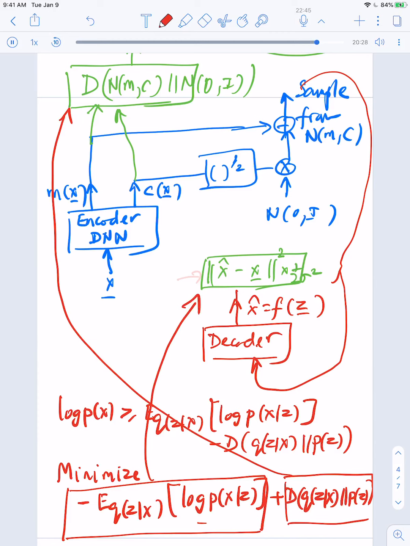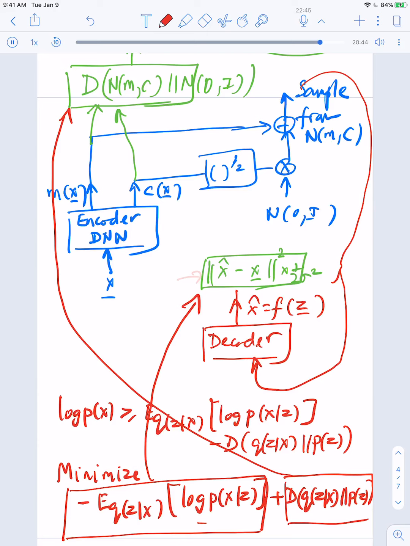So now I have two fairly nice terms, and you can look at the notes for more details, but two terms such that now I can just apply backpropagation and adapt both the encoder and decoder coefficients.